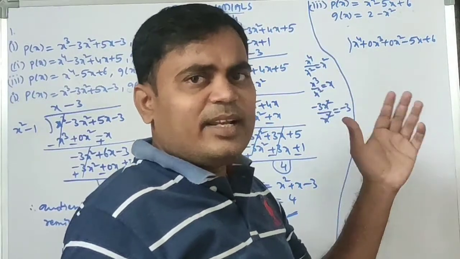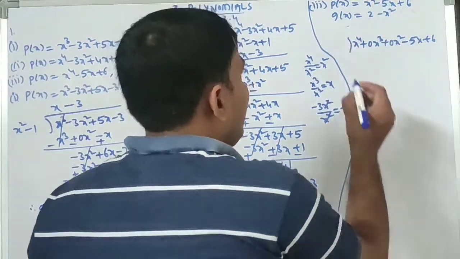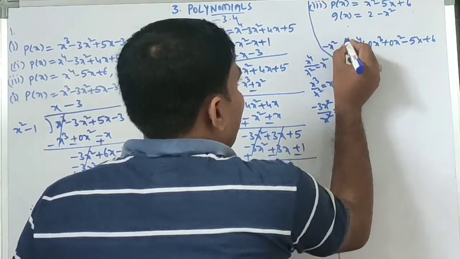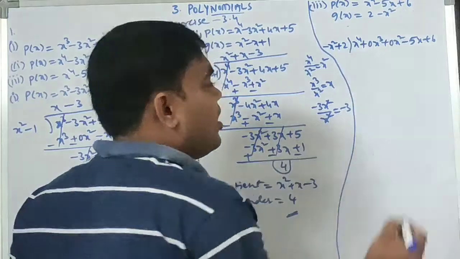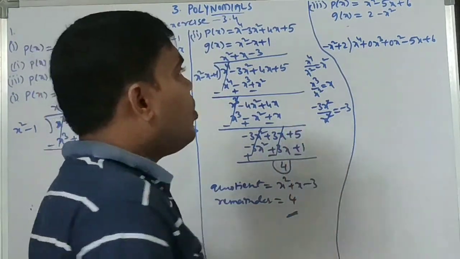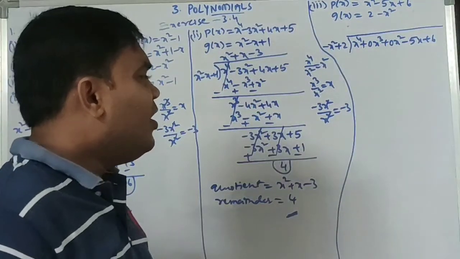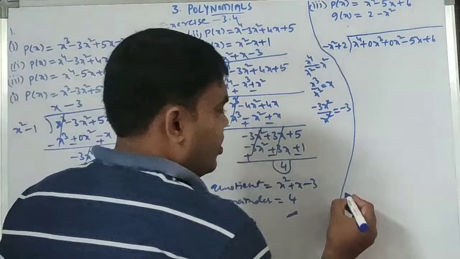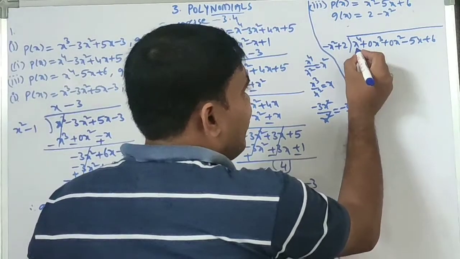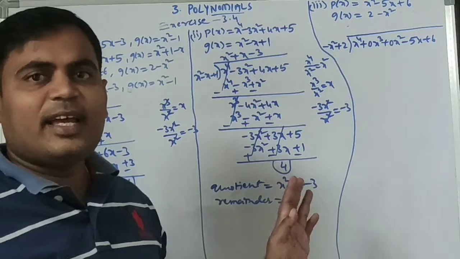So I want to write the descending powers. So minus x square, x square is the highest power, minus x square plus 2. You can write, or else minus x square plus 0x plus 2. So no problem, whatever you write. So if we observe the first term, x power 4 by x square, x square is obtained after cancelling.